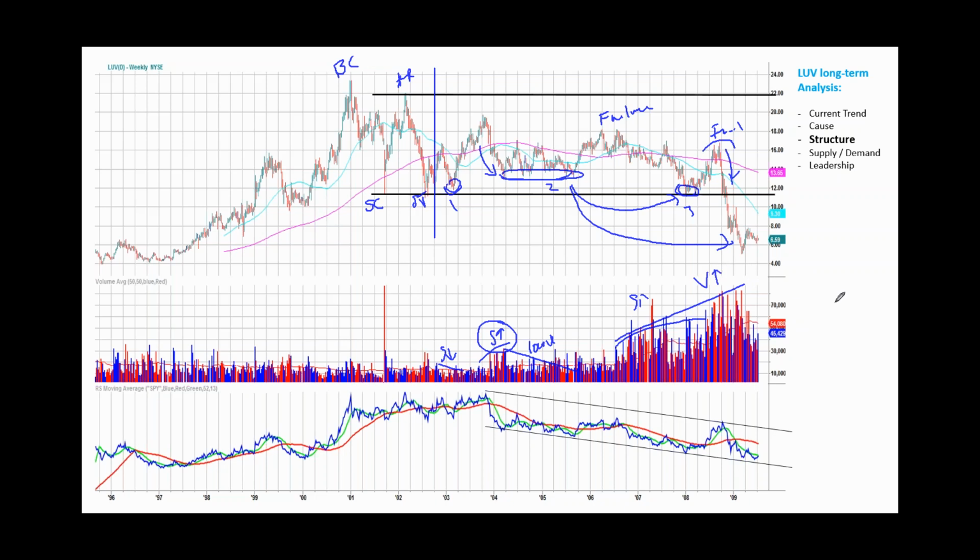Well, to me, it's going to be a lot of the public coming in and participating in the stock, and well, actually, it's going to be institutional moving the stock because of the extreme volume.